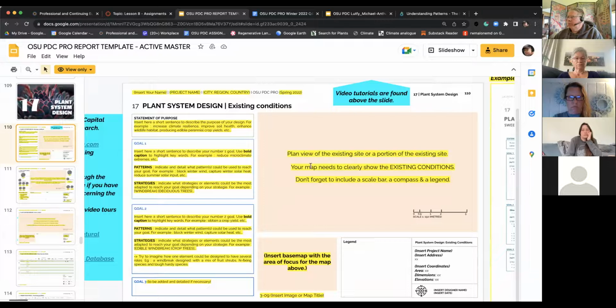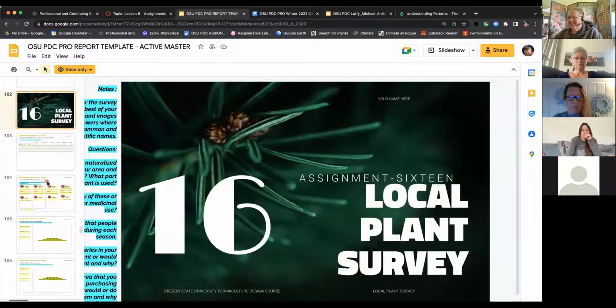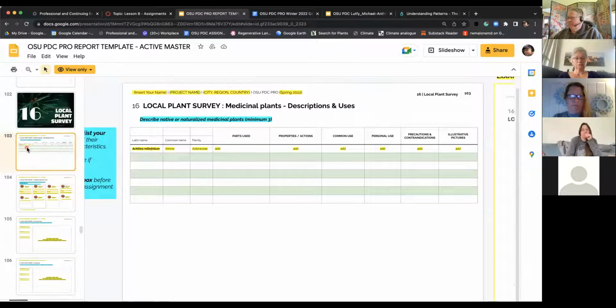And again, I think this is pretty straightforward. Of course, all of our instructions are highlighted here. So we want to really tie in this planting, or sorry, I'm on the wrong section here. There we go. All right.